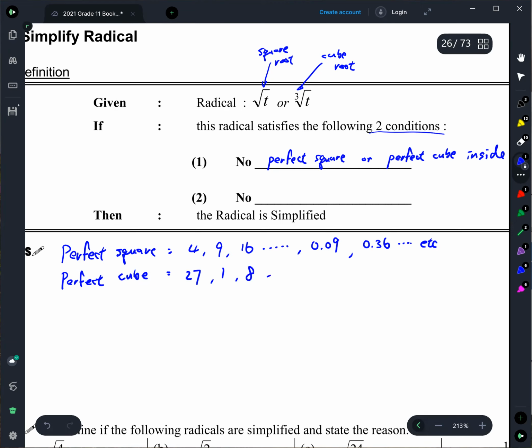Or 8. Okay, let's have a decimal example. Geoffrey, can you give us a decimal example of a perfect cube? 0.08. 0.08. What's the cube root of that?